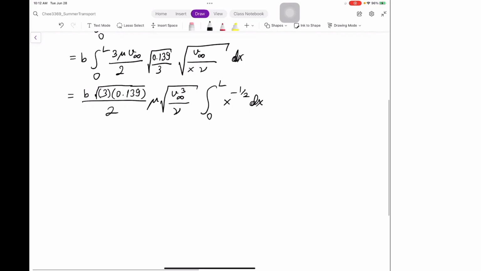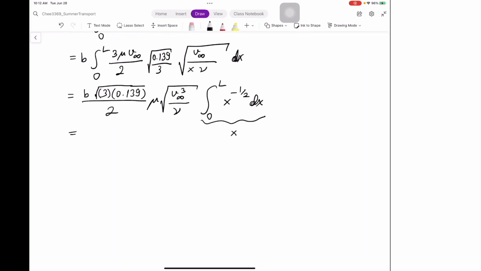So this is a really good practice for your calculus skills, right? And what do we have here? Okay, so this one, if it's x to n, remember that it's x to n plus 1 over n plus 1.